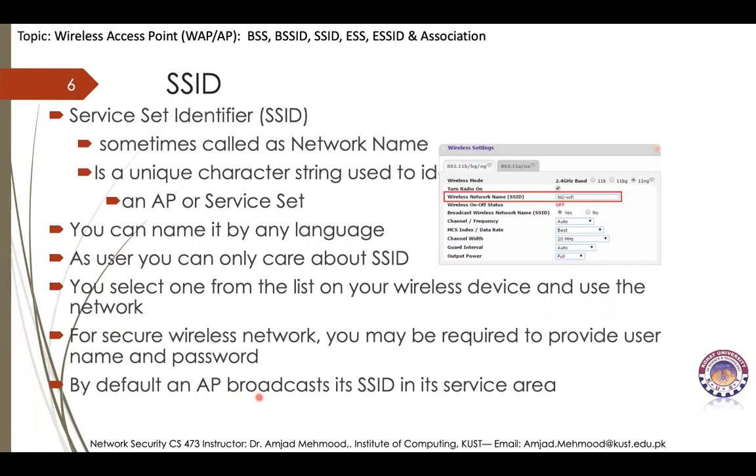By default, an AP broadcasts its SSID in its service area. So if you are getting the signals of that AP, in other words if you are in the range of that access point, you can get connected with that network, but you will have to provide your username and password to get access to it.